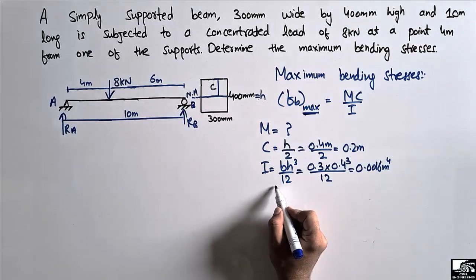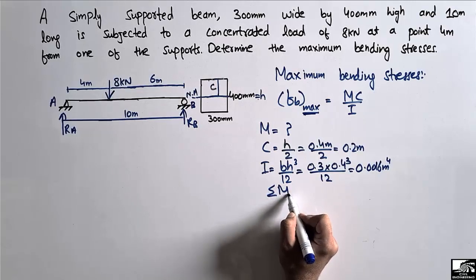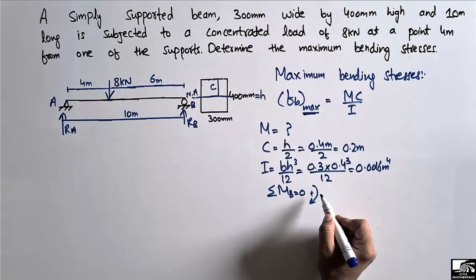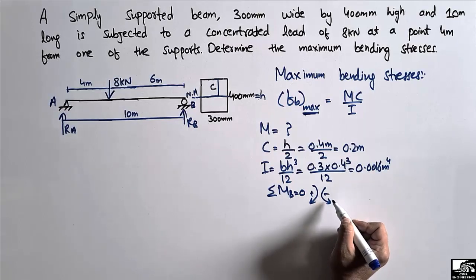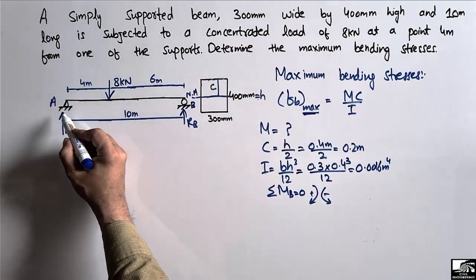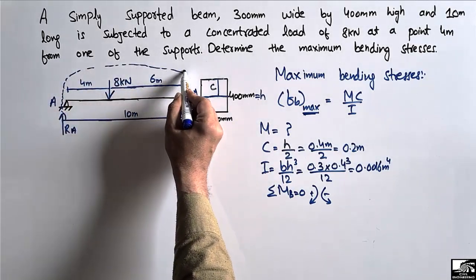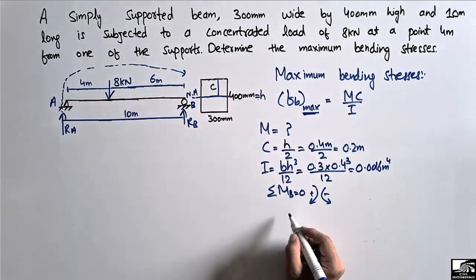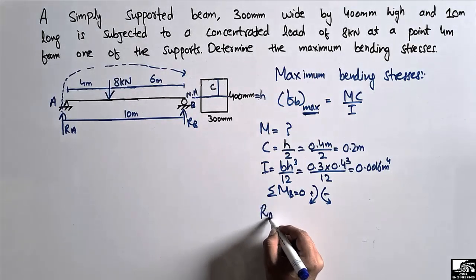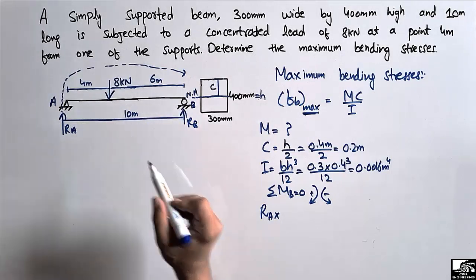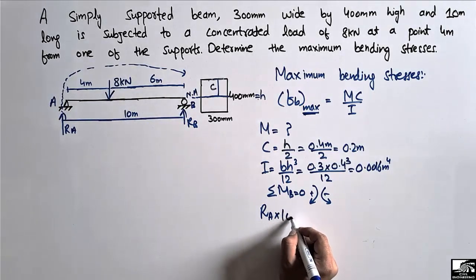Let's use the equilibrium equation: the summation of moments at point B equal to 0. Clockwise moment is taken as positive and anti-clockwise moment is taken as negative. So RA will create a moment in the clockwise direction about point B. It will be RA into the moment arm, which is the distance from A up to B, 10 meter here.